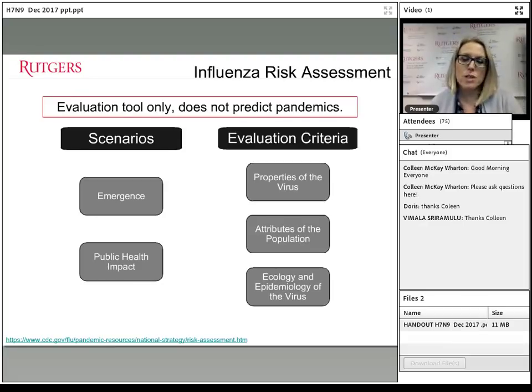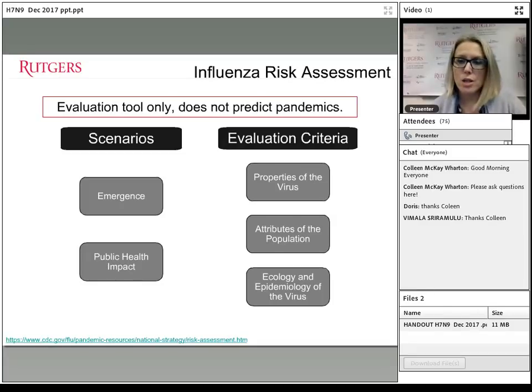They have two scenarios that we'll discuss because they take the evaluation criteria and weight them differently based on each scenario. One is the emergence of these viruses in the public and having them cause disease, and the other is, if they were to emerge and cause disease, what would that impact be on both the public health population, nursing staff, hospitals, but also just globally.